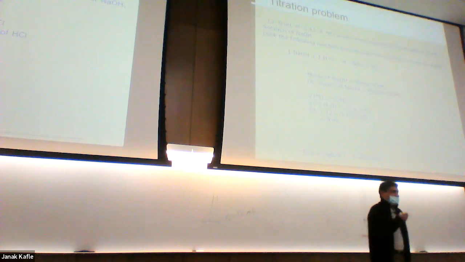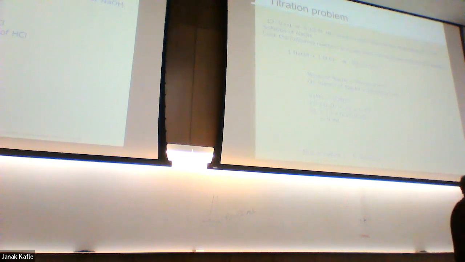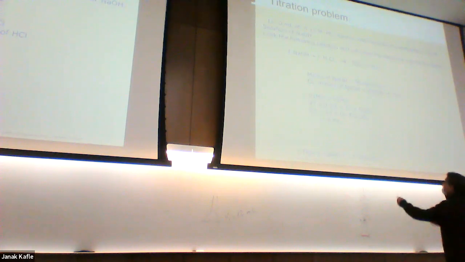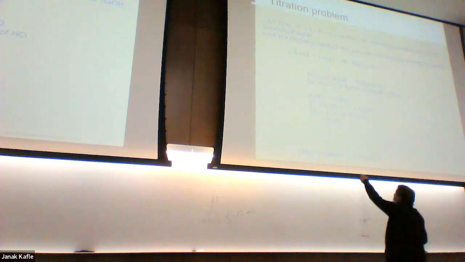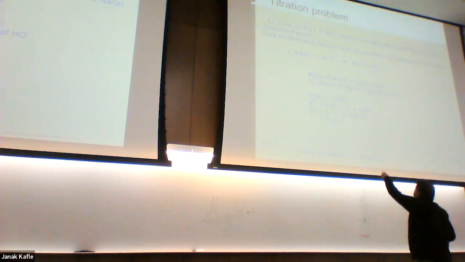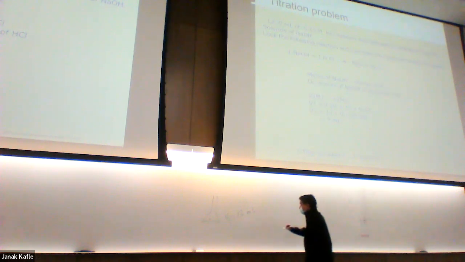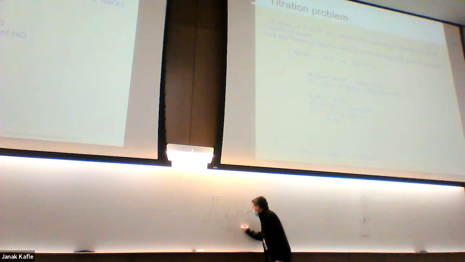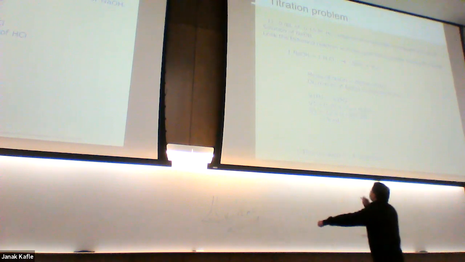In an experiment, when we do the work in the laboratory, we don't write 12, we write 12.0. So 12.0 ml of the hydrochloric acid, and the molarity of this one we already know is 0.15 molar. So I know everything about this one.